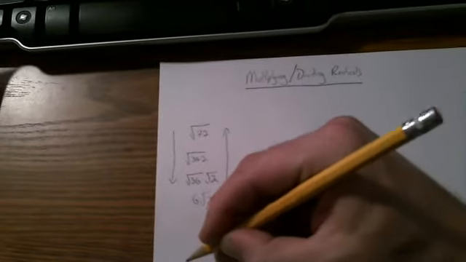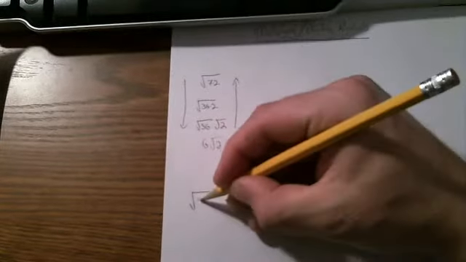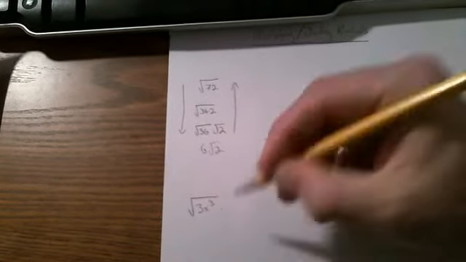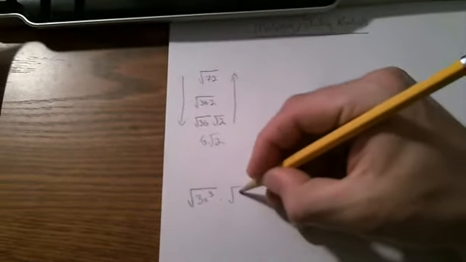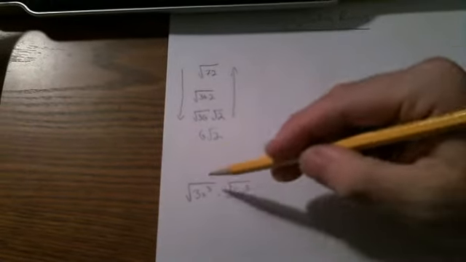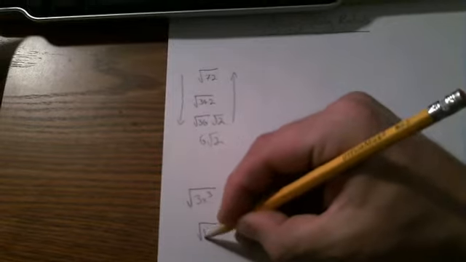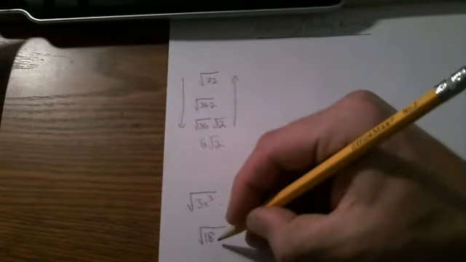So for example, if we had radical 3x to the third times radical 6x squared, all we're going to do is multiply our radicands together and make it one radical. Radical 18x to the fifth.